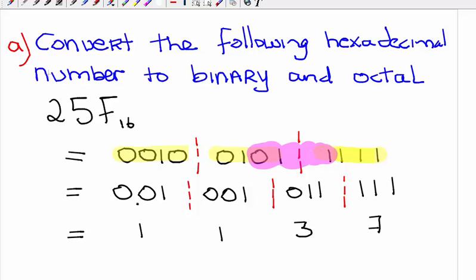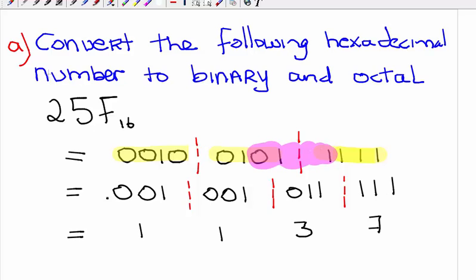We should have a certain number of groups of 3 binary digits, so there should be 3 in each group. If you need to put in a 0 at the front to bring it up to 3, do so. Again we use our table to convert from binary to octal. In each case we can assume there's a 0 in front.